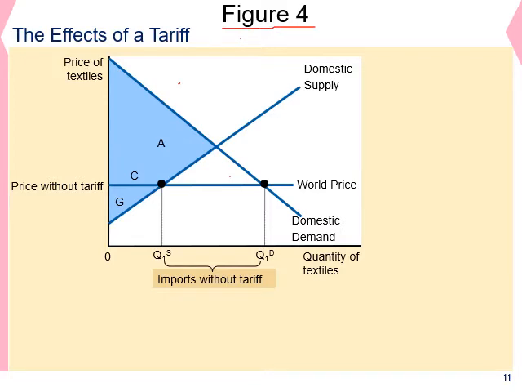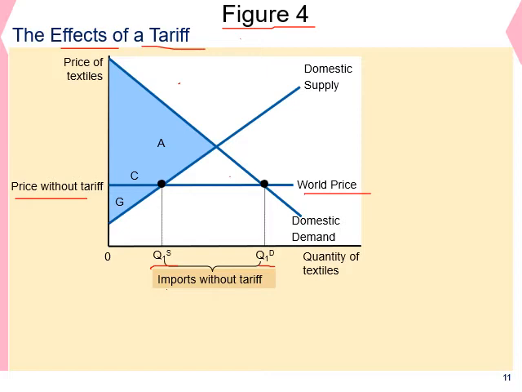Figure number 4 shows the effect of a tariff. Looking at the market for textiles, the equilibrium without a tariff is reached where the world price equals the domestic price. At this price, the domestic quantity supplied in the market is Q1S, and the domestic quantity demanded is Q1D.